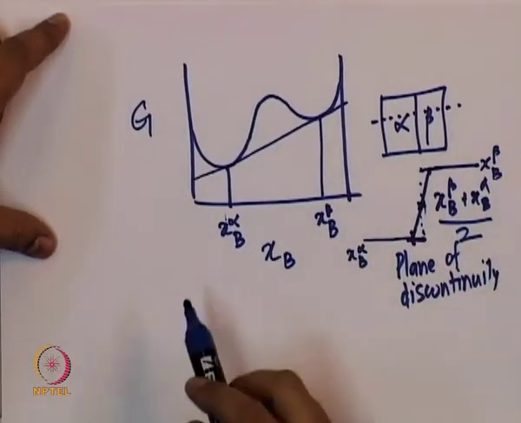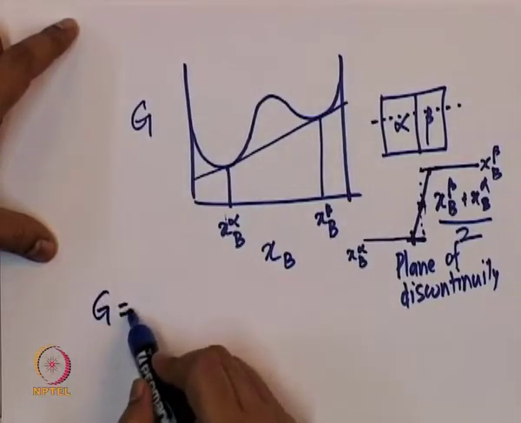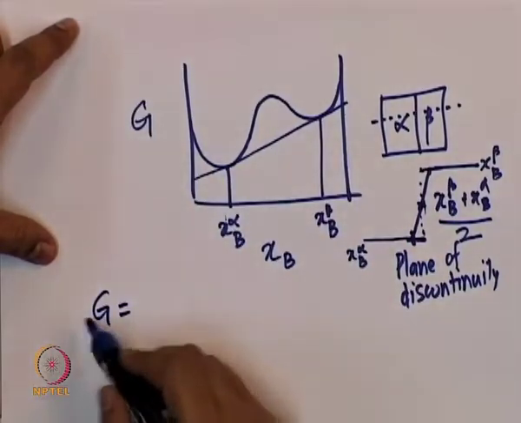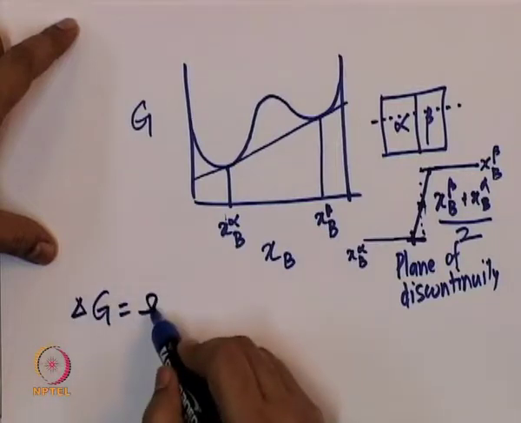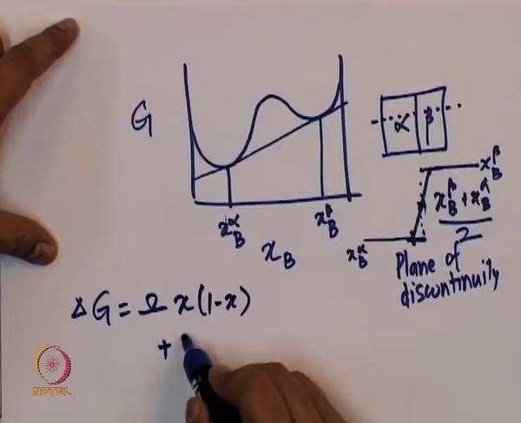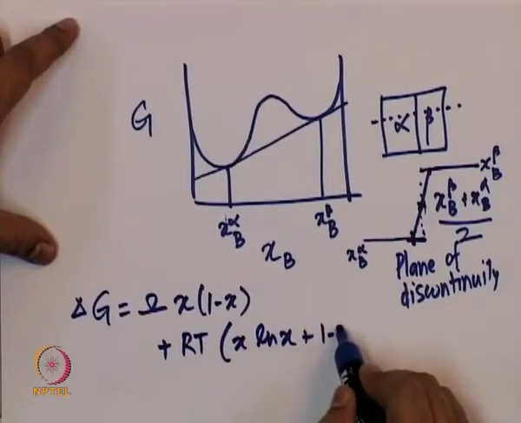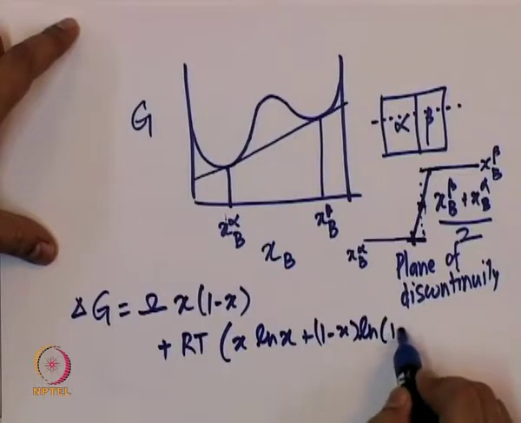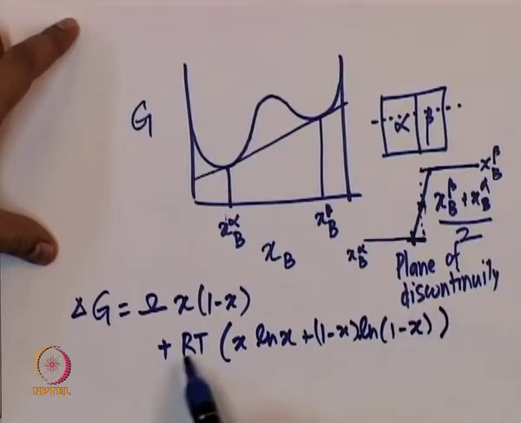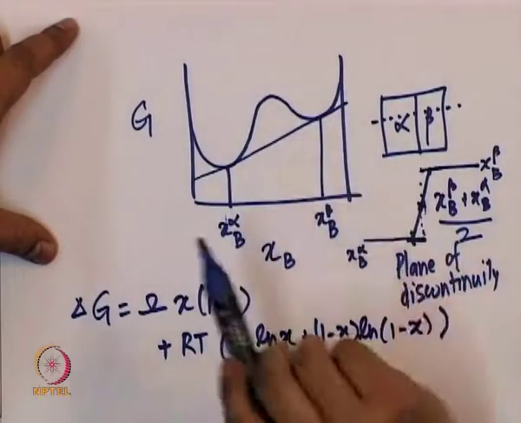The way we are accounting for it is that, for example, this free energy is a regular solution free energy. So, you can get it by having the regular solution free energy as Omega x(1 - x) + RT[x log x + (1 - x) log(1 - x)], plus (1 - x)G_A + xG_B, which will give something like this.